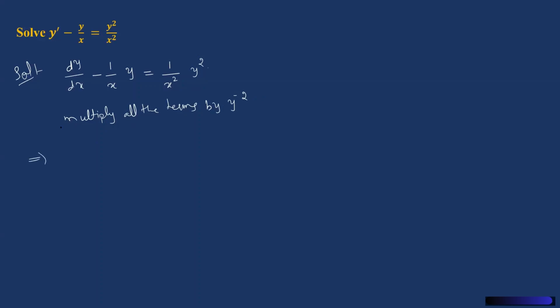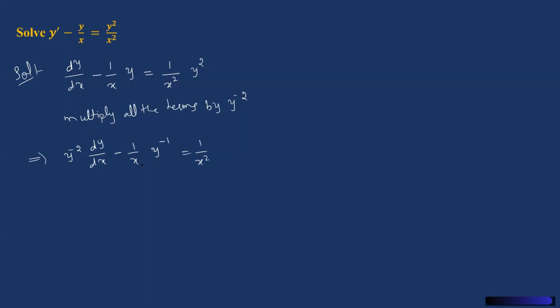Now this implies y to the power of minus 2 into dy by dx minus 1 by x into y multiplied by y power minus 2. See how much it is? y to the power of 1 minus 2, which is y to the power of minus 1, is equal to 1 by x square. See, y square into y power minus 2 is simply 1.